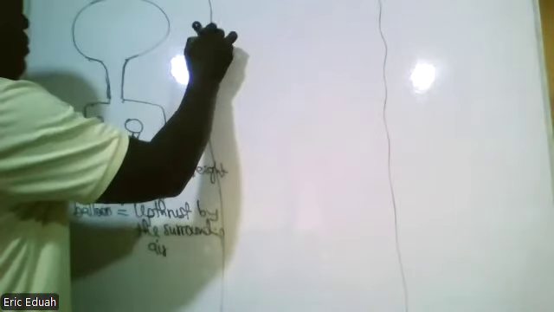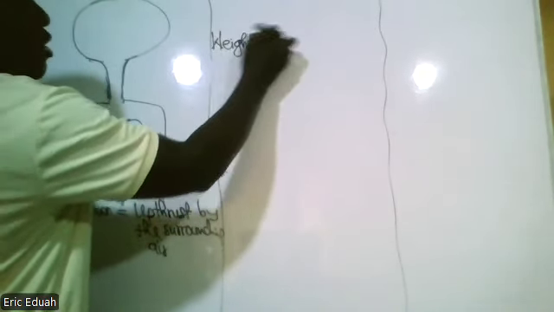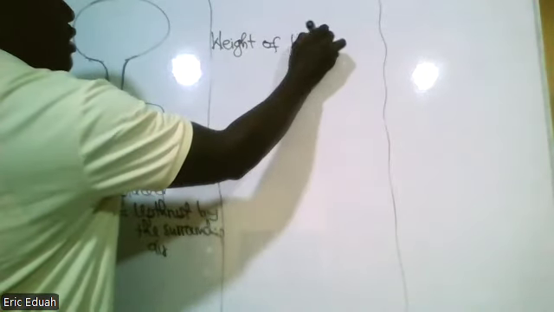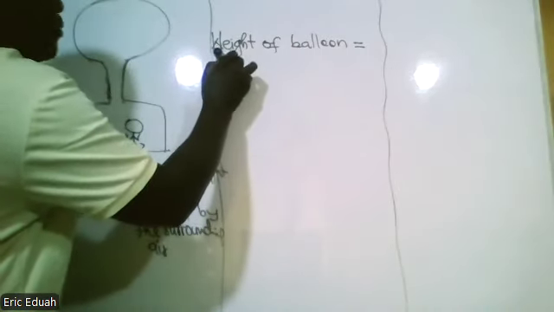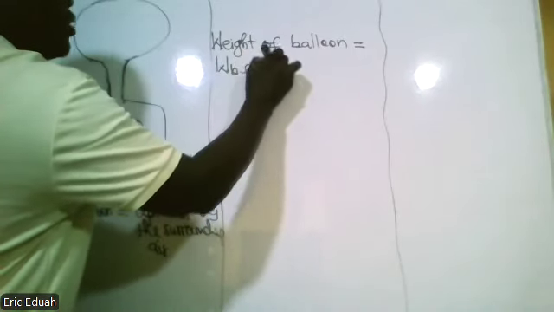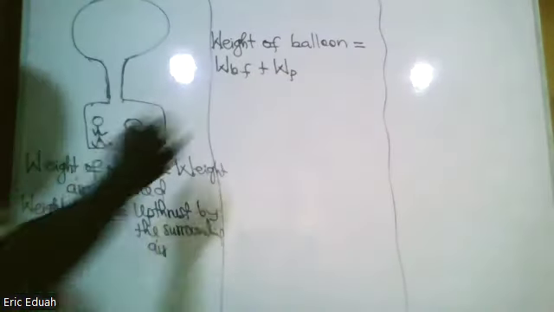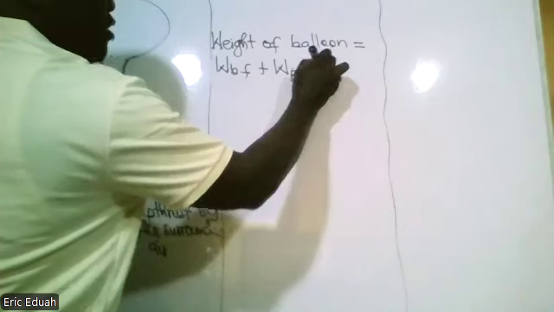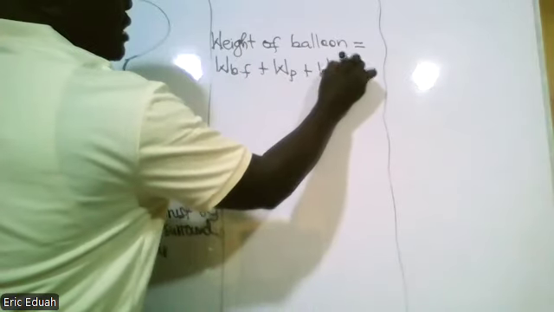So the weight of the balloon includes the weight of the balloon fabric plus the weight of people on board plus the weight of the inert gas within the balloon.